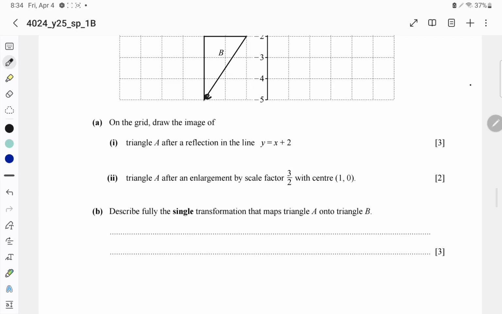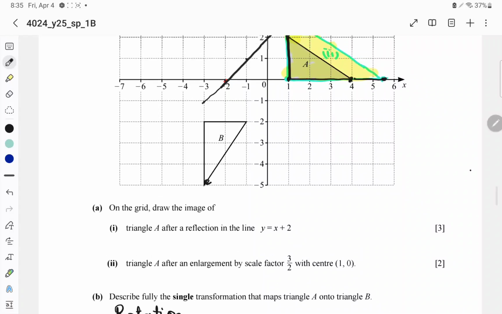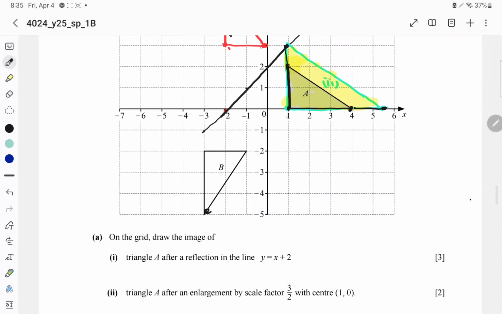So write down it's a rotation. Now we have to find out the center, and whether it's a clockwise or anti-clockwise direction, and the angle. All these things we have to find out now. So join the corresponding points, these 2.